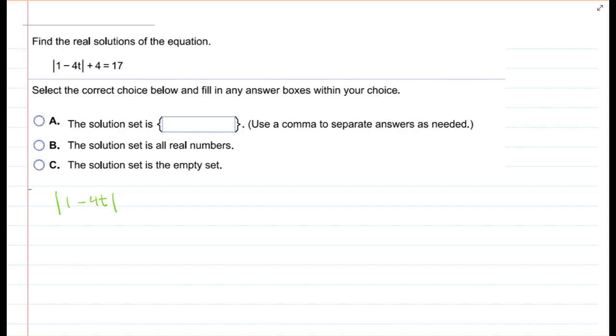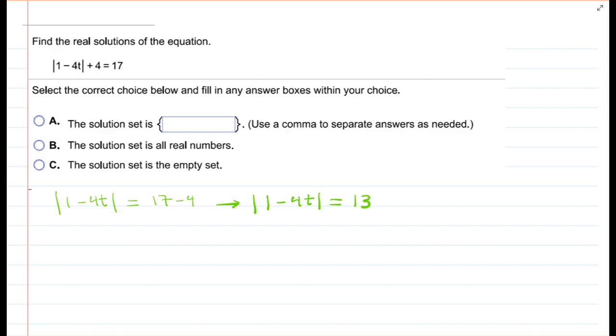So we need to subtract 4 from both sides. So we have absolute value of 1 minus 4t equals 17 minus 4. So we have absolute value of 1 minus 4t equals 13.